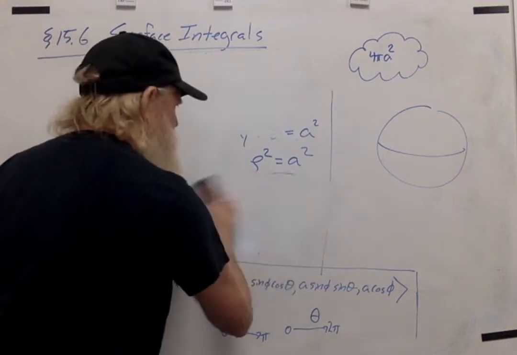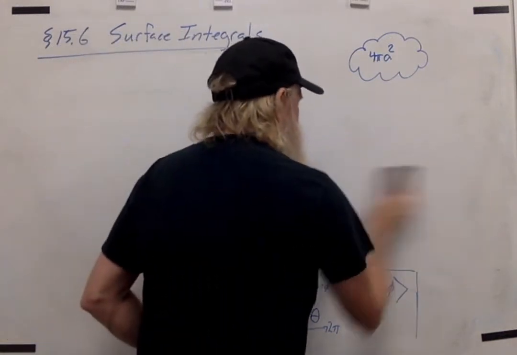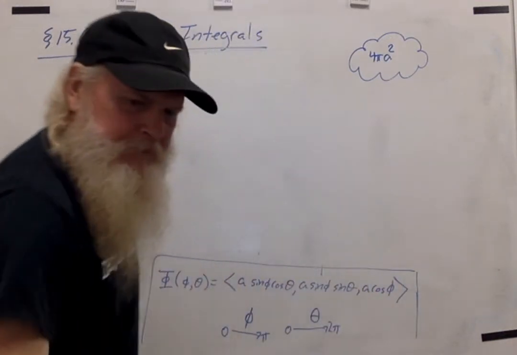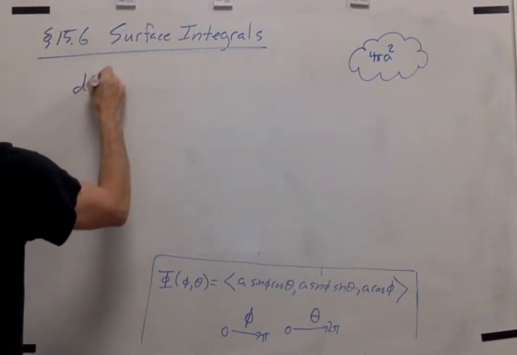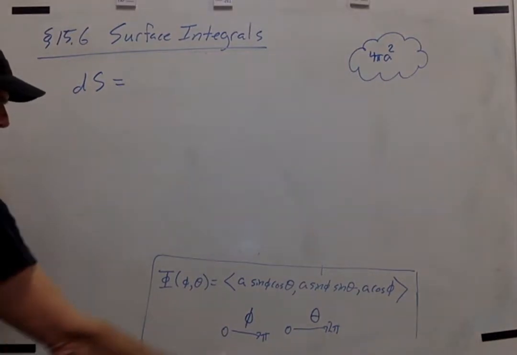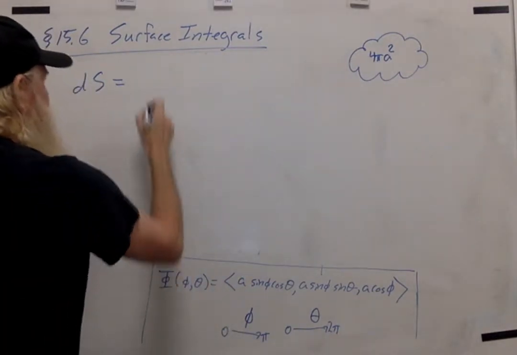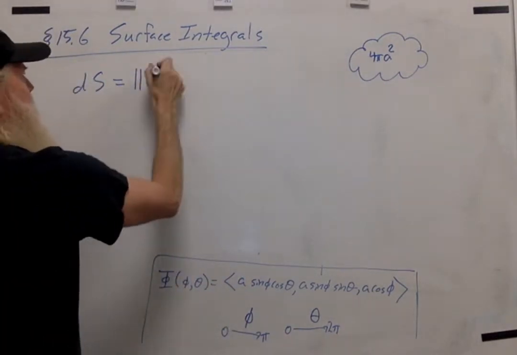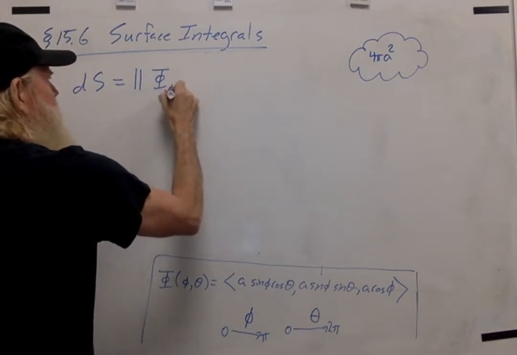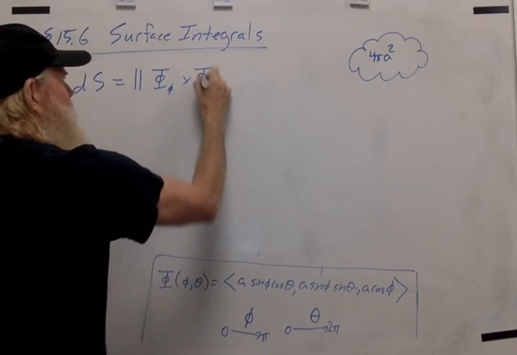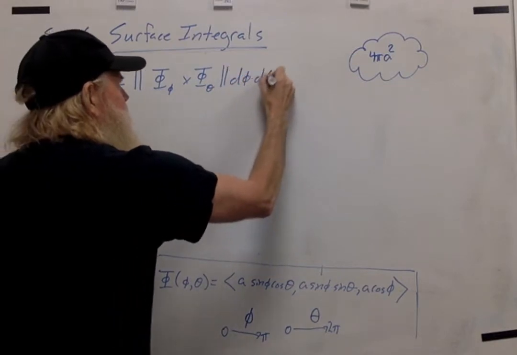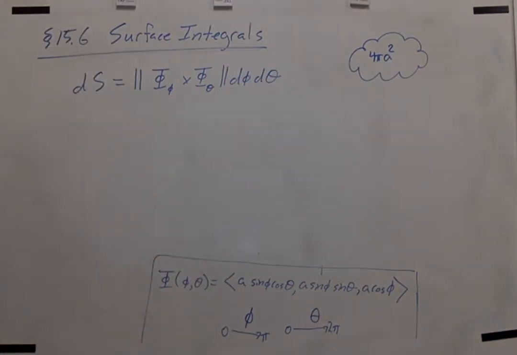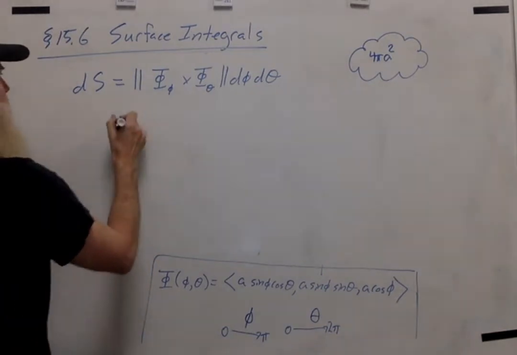So I'll leave my parameterization down there. Let's find ds. Since my parameters are phi and theta, the formula for ds is the magnitude of the partial derivative with respect to phi crossed with the partial derivative with respect to theta, d phi d theta. Let's calculate those two derivatives.